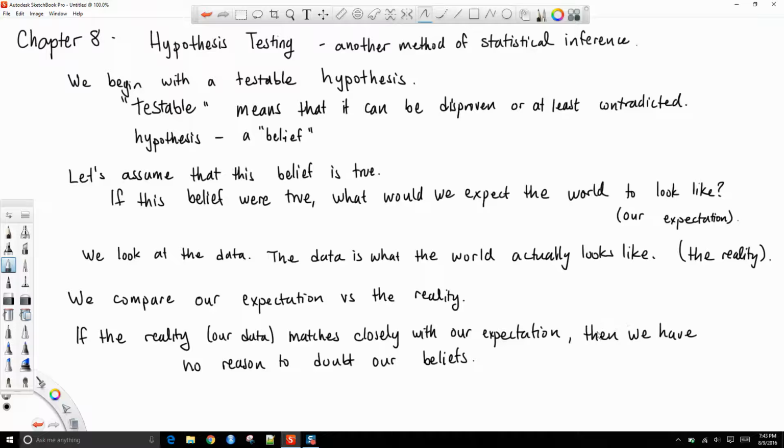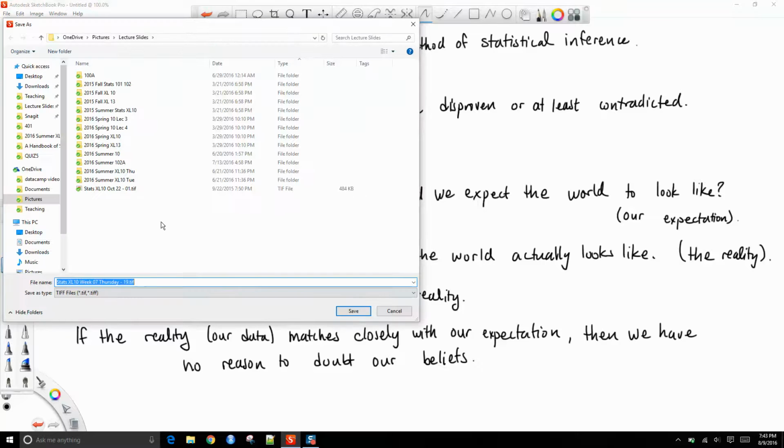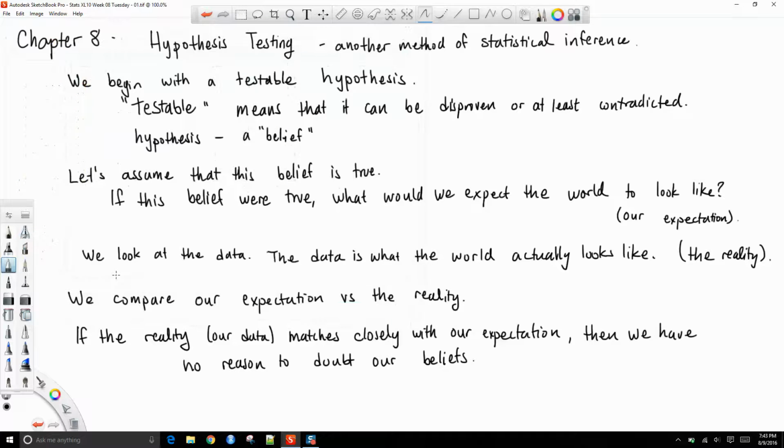On the other hand, if there is a huge difference between the reality and the expectation, if there is a big difference between the reality and the expectation, then we have reason to doubt our beliefs.